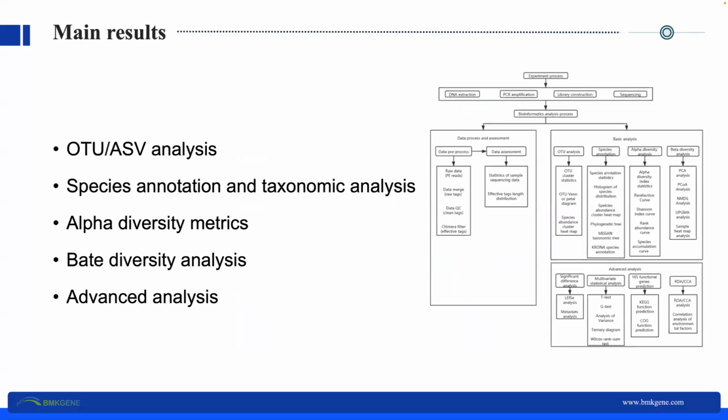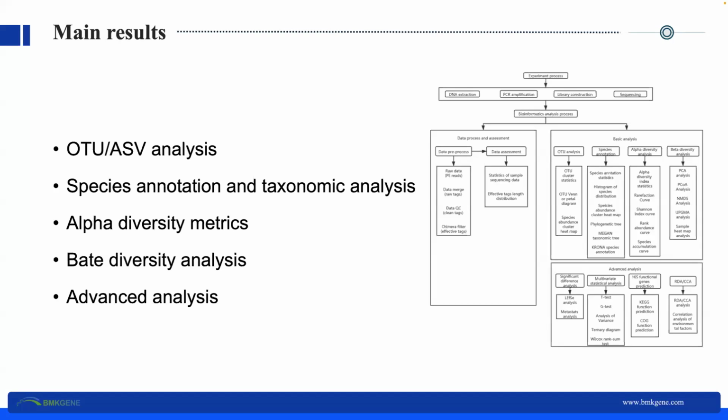Now in this part, let's go through the main results of the Amplicon application of BMKCloud. Here is the main workflow. Let's just talk about the bioinformatics part. We have data processing, including data filtering, quality control, merging, and assessment.